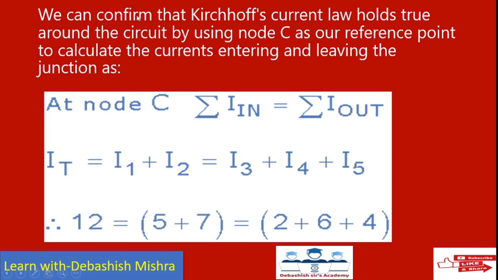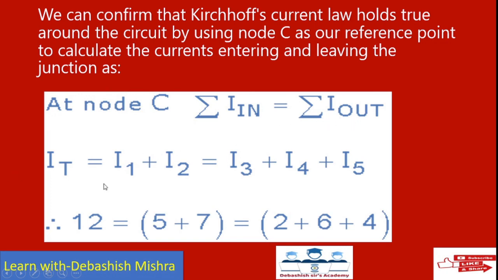We can confirm that Kirchhoff's current law holds true around the circuit by using node C as our reference point to calculate the currents entering and leaving the junction. At node C, summation of input current is equal to summation of output current.